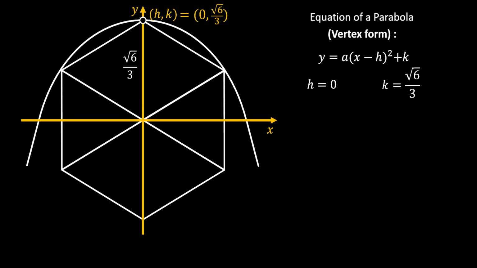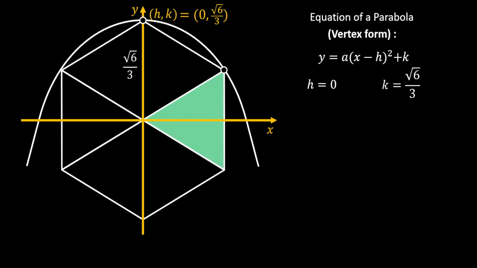We're going to use the point on the right side where the parabola touches the hexagon. We can easily find the coordinates of this point if we notice one of our equilateral triangles. You can see that the x-coordinate of this point is nothing but the height of our equilateral triangle, and the y is actually equal to half of the side of our triangle, so we can easily calculate those values.